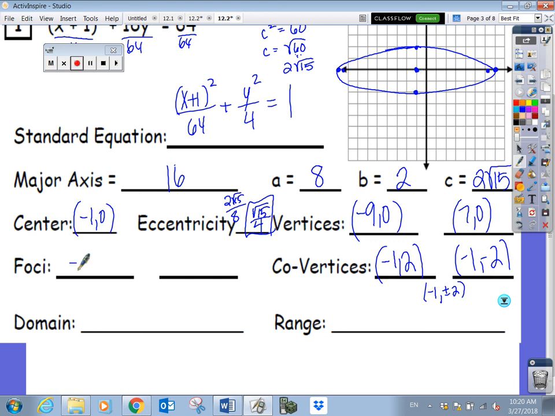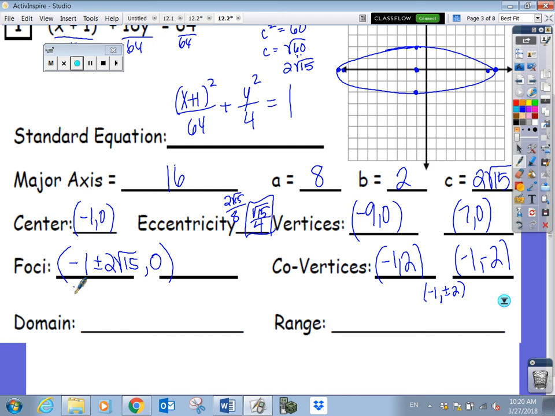So you can say -1 plus or minus 2 root 15, and then the y value stayed at 0. Or you can write those as two separate points. You can say -1 plus 2 root 15, comma 0, and -1 minus 2 root 15, comma 0. Does not matter to me which way you write it, but you do have to recognize both ways.